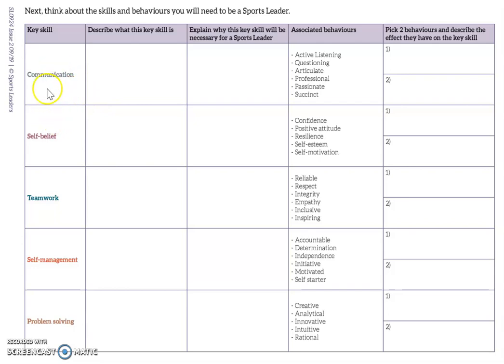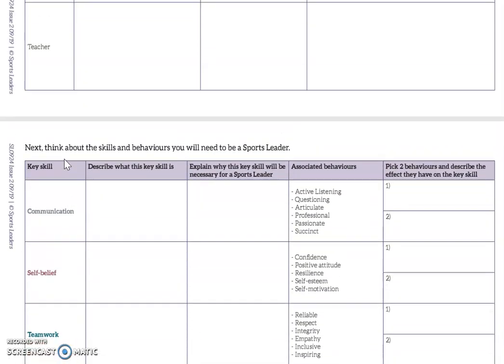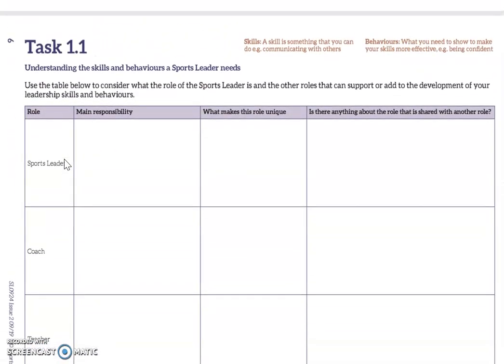The skills are things that you can develop, and behaviours, as it says at the top of this page: the skill is something that you can do, whereas behaviour is what you need to show to make the skill more effective.